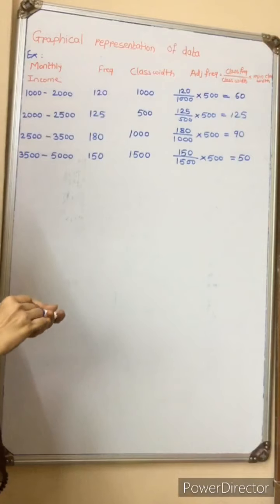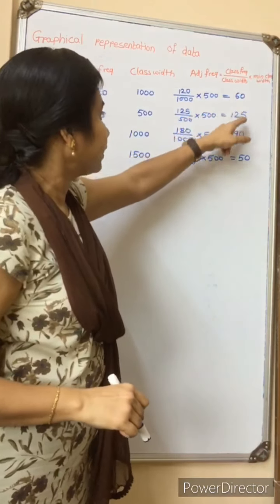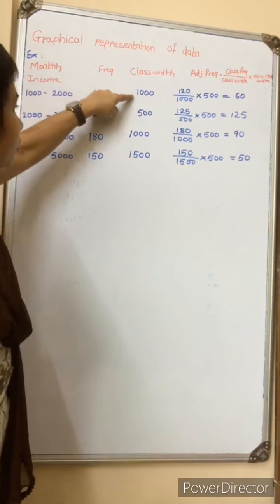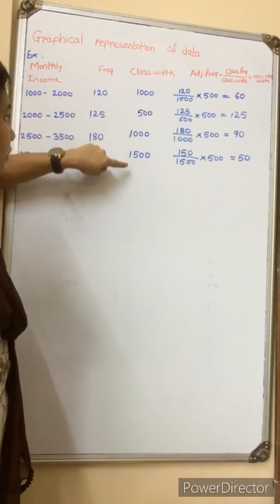So these are the adjusted frequencies for the particular classes when we don't have equal class width.